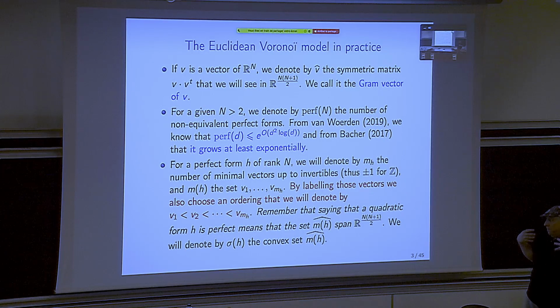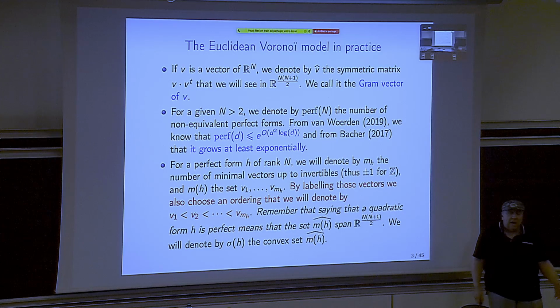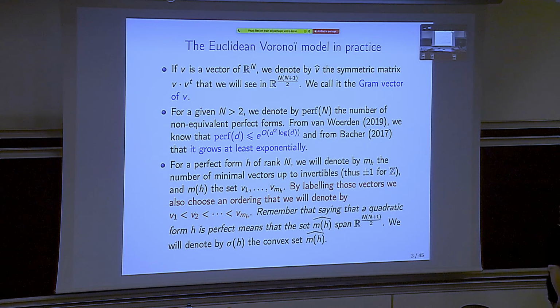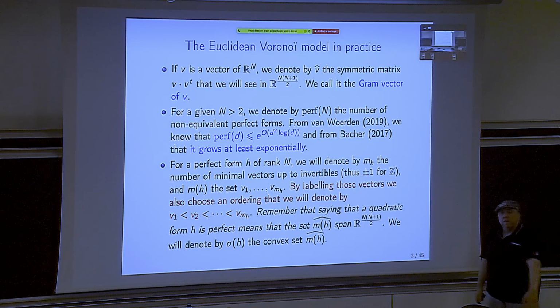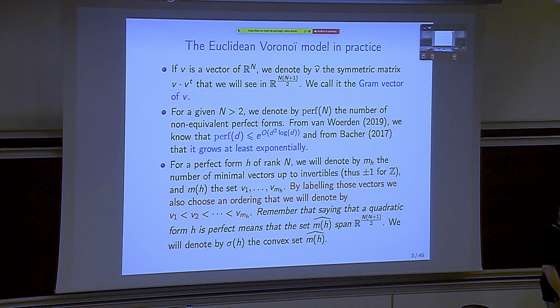We denote by M_H the set of those m_H minimal vectors. Keep in mind that once you label the vectors, intrinsically you are doing an ordering on the vectors. As we are performing computations, and in a few minutes we will speak of orientation, this ordering is very important.